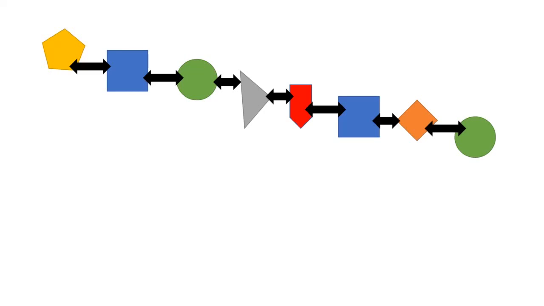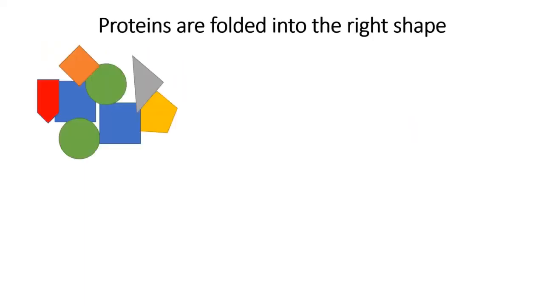But most proteins are not long, straight chains like this. They tend to be folded in all sorts of shapes because most of them are enzymes, and their chemical activity, which is so important for the function of the cell, depends on their being in the right shape.